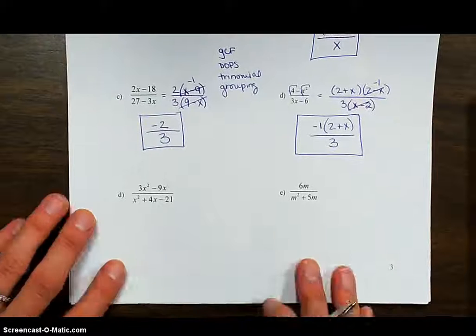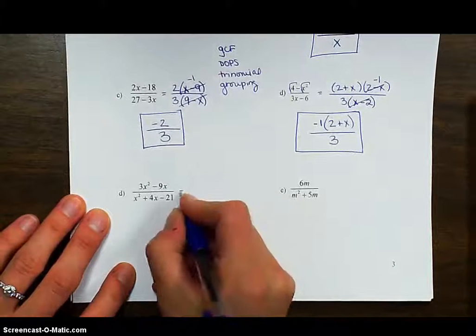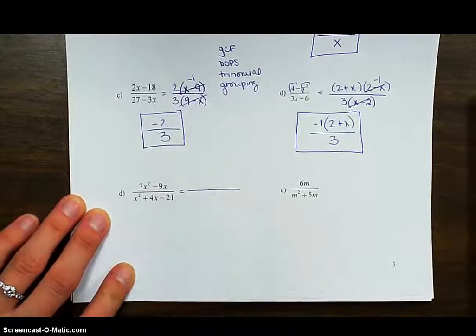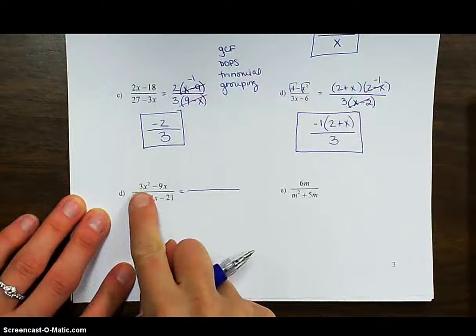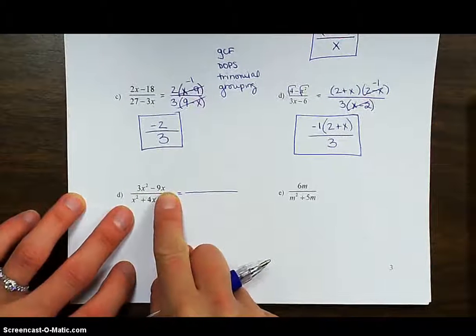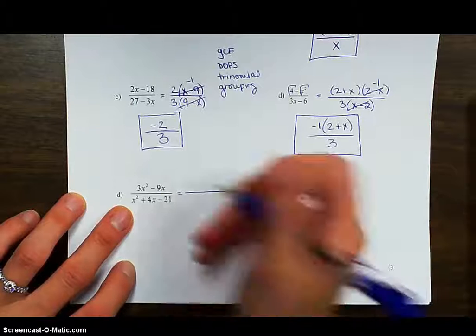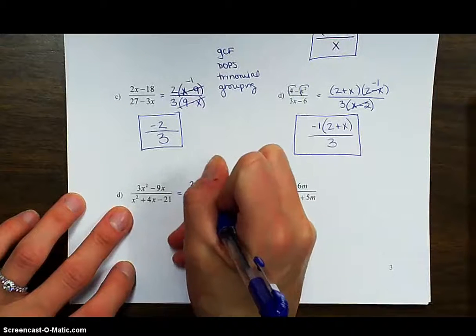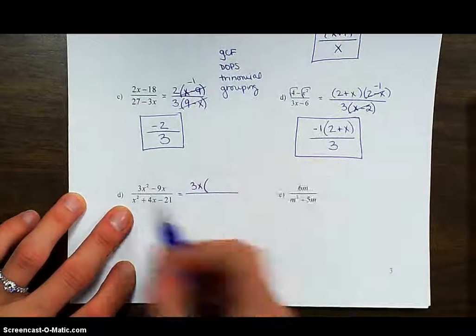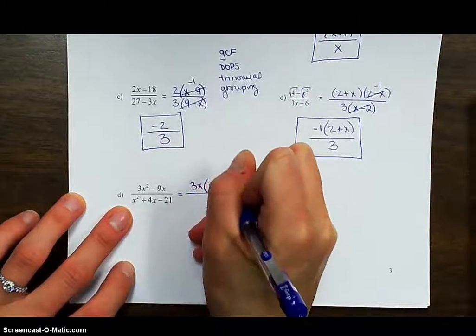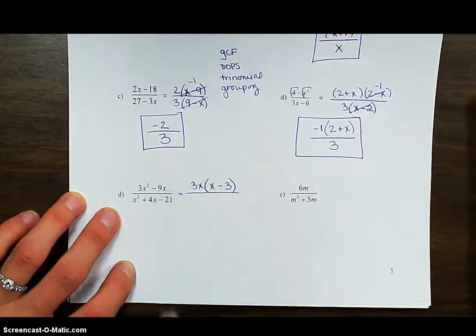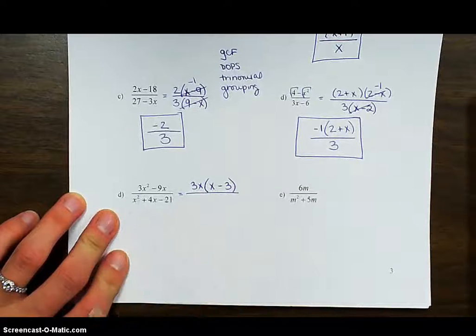All right, let's go ahead and try now letter D. All right, the first thing we have to do is factor first. So let's go ahead and factor out the numerator. So if I look here, there's a GCF. My GCF is 3x. So 3x parentheses, and I'm going to be left with x minus 3. Let's go ahead then and factor the denominator.